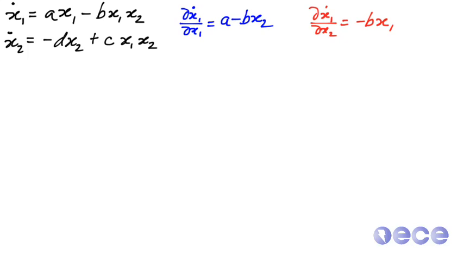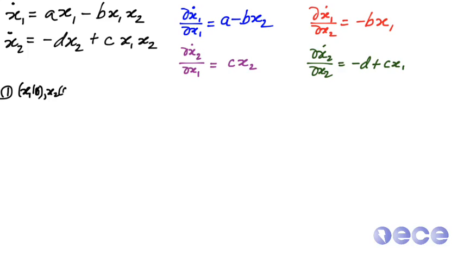The minus bx1 x2 is the only place where x2 shows up, so the ax1 is treated as a constant. The partial of x2 dot with respect to x1 is fairly straightforward. This is just cx2. And the partial of x2 dot with respect to x2 is minus d plus cx1. So these four values are our equations for the partial derivatives with respect to x1 and x2 respectively.